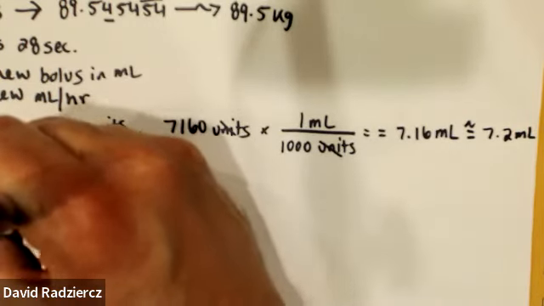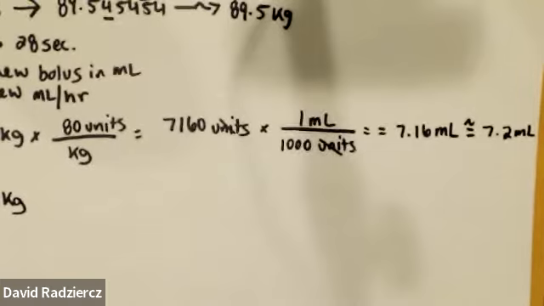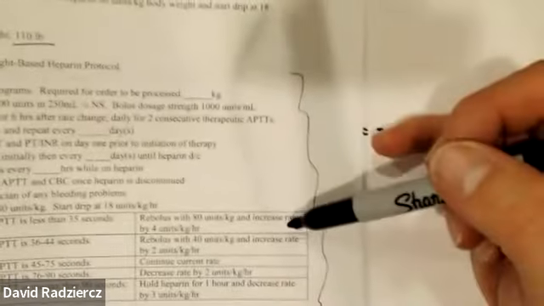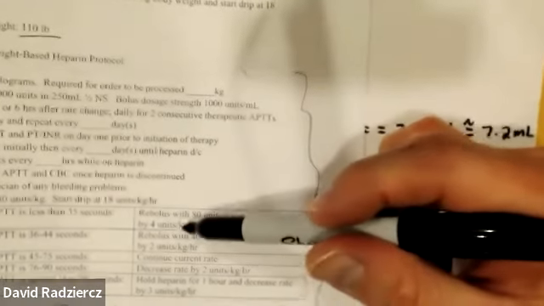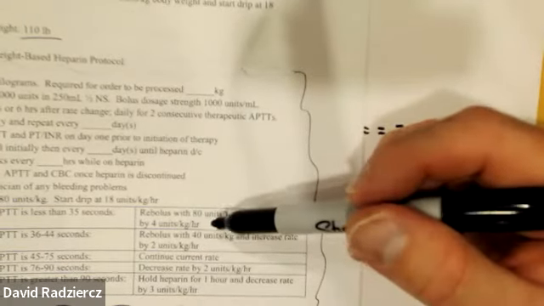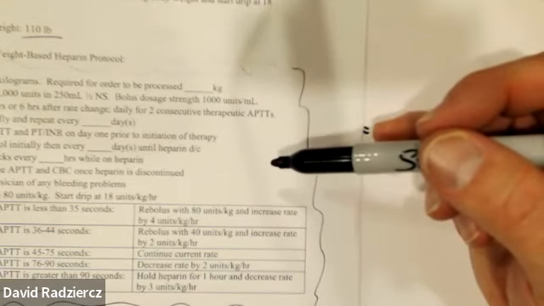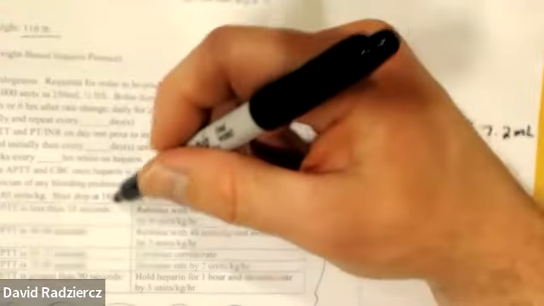89.5 kilograms. Now we're going to do part 2 of the question, which is, what is the new milliliters per hour? Looking at the protocol, it says to increase the rate by 4 units per kilogram per hour. We weren't there for the initial configurations, but we just look at the protocol.